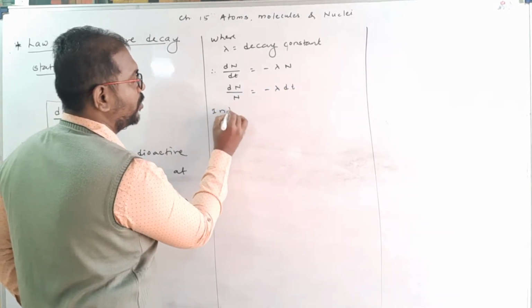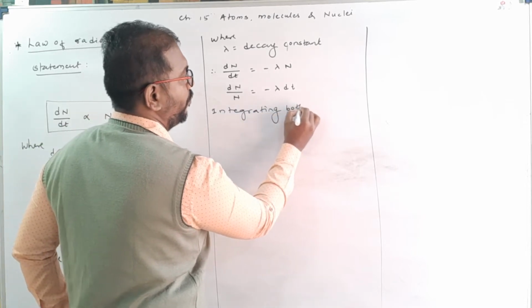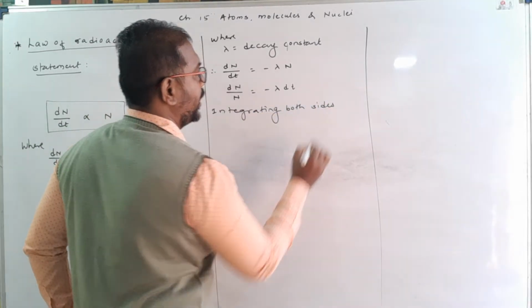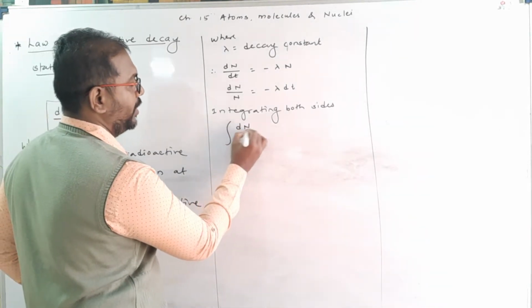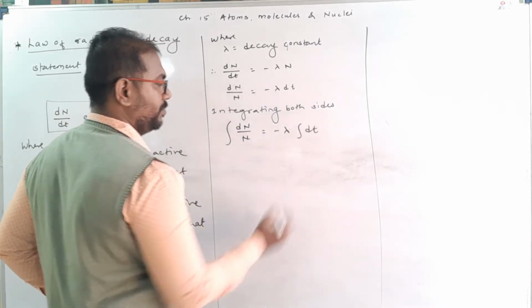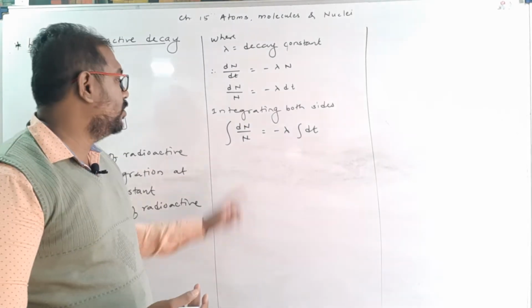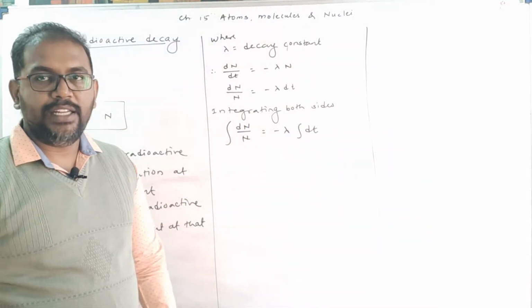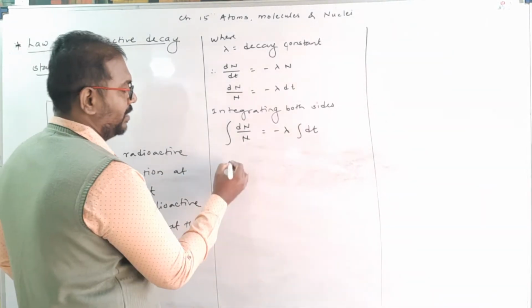Now integrating both sides, we get the integration of dN by N is equal to minus lambda times the integration of dt.